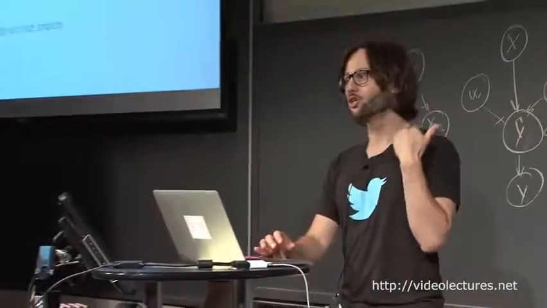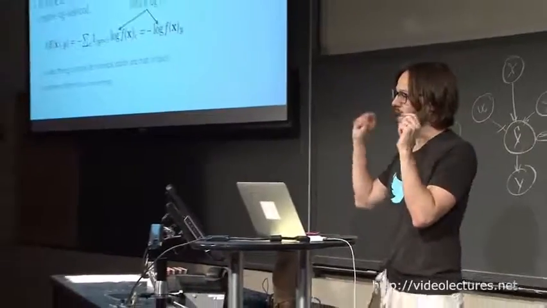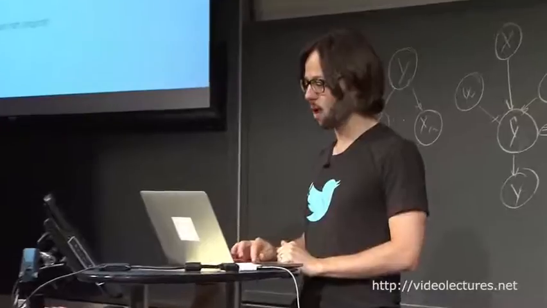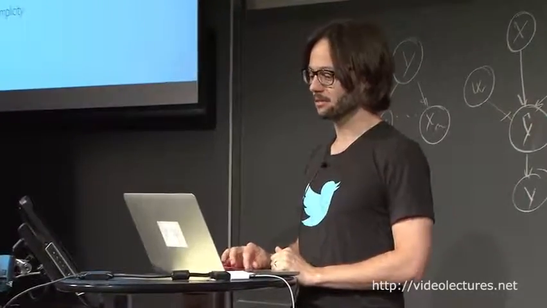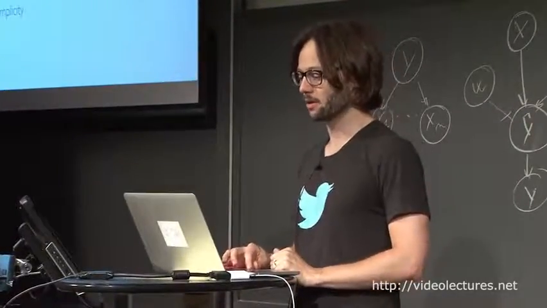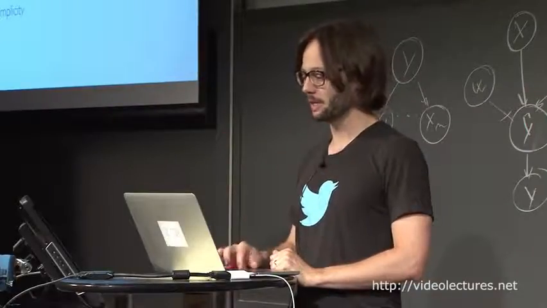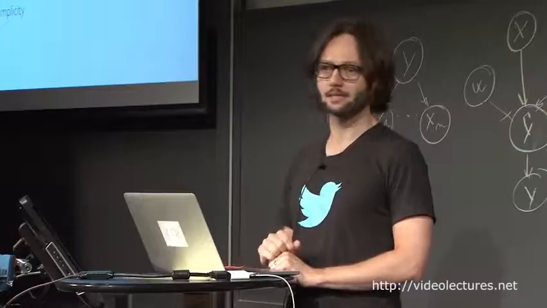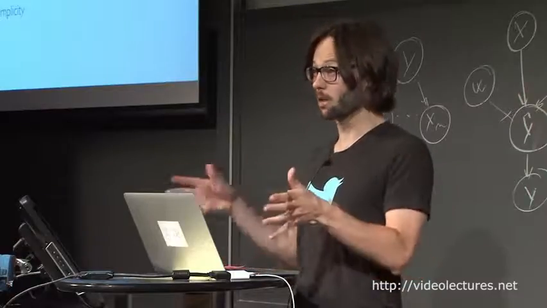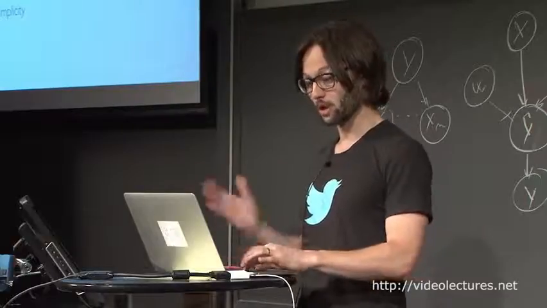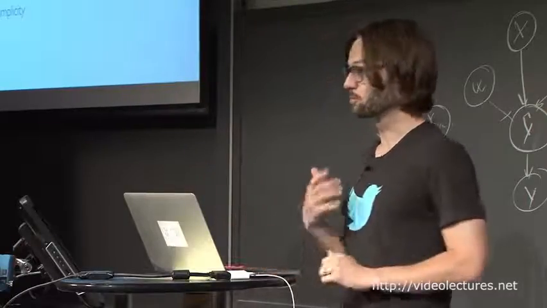OK, so the loss function. As I said, we're going to use the values of the units at the output layer as a predictive distribution over the class C, or I guess Y. So the Cth unit in my output layer is going to be interpreted as the probability that my input X belongs to class C. That is the model probability as predicted by my model. So one form of learning would be to do maximum likelihood.